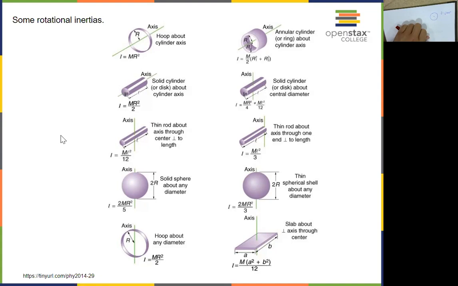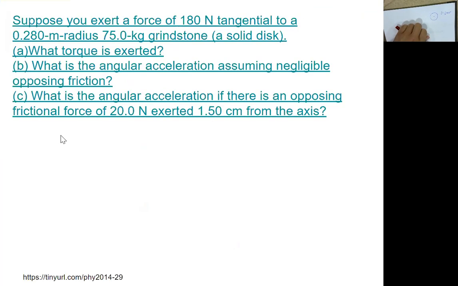Let's go back to the problem. It tells you R is 0.280 meters, and the mass is 75.0 kilograms.